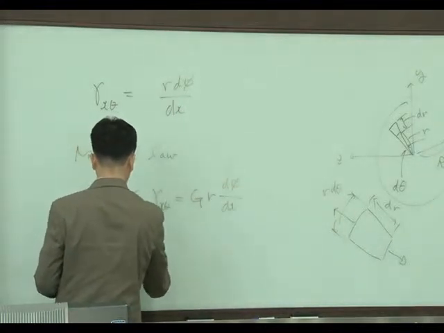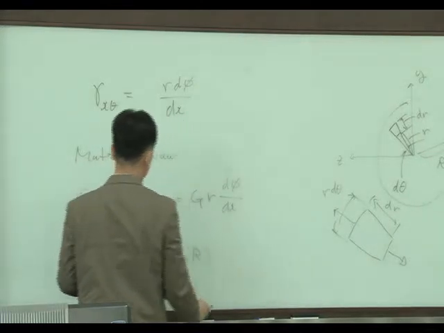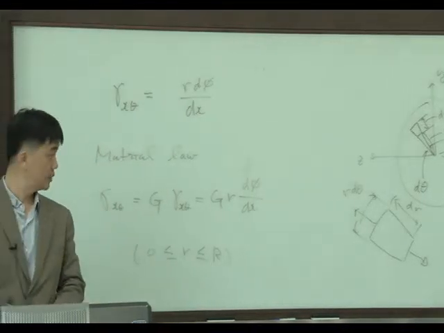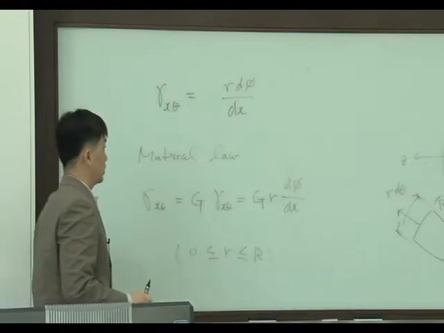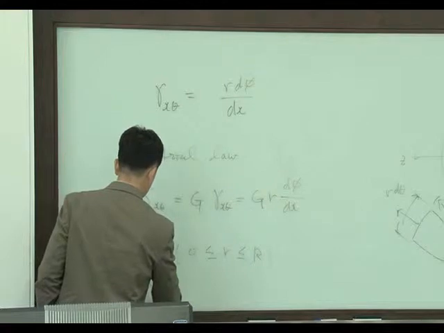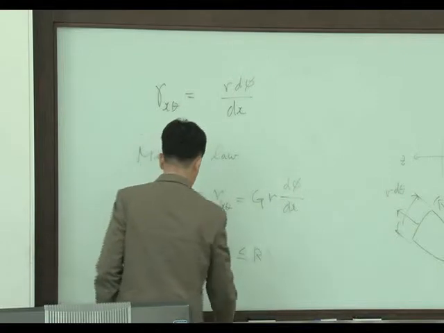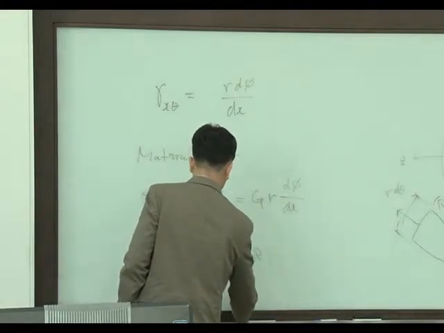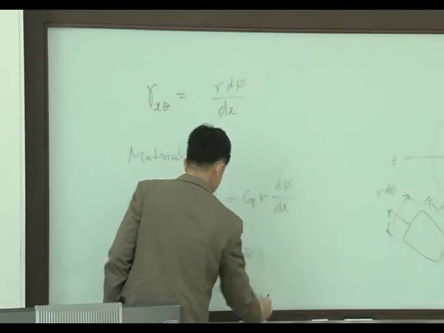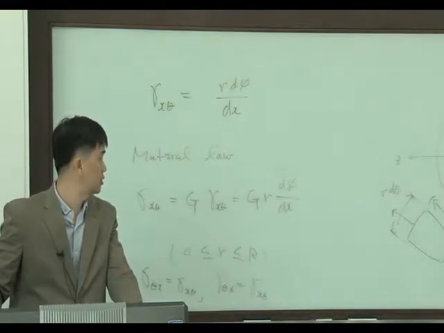Here r ranges over the cross section. In this case, we should remember that shear stress tau x theta equals tau theta x, and strain gamma x theta equals gamma theta x, because of the symmetry of the strain and stress tensors.